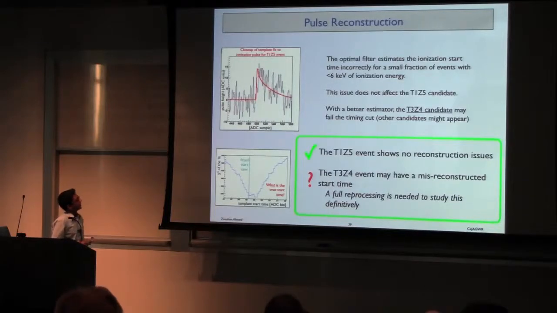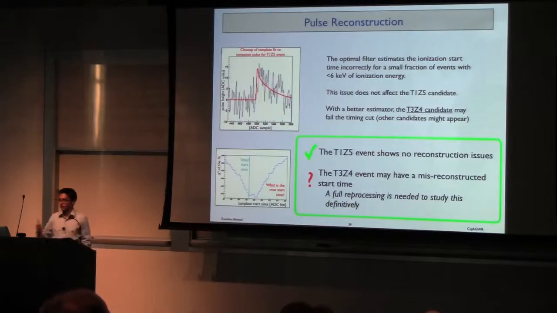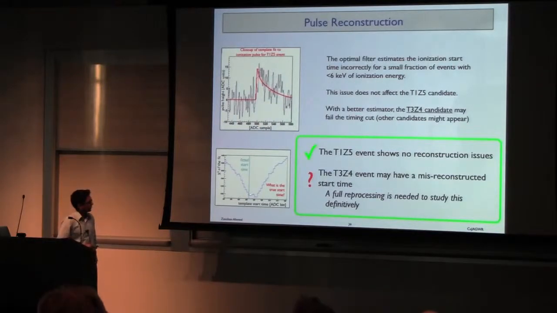So we looked at this closely, and it turned out that we realized that our optimal filter scheme has some problems with events that have ionization energy of less than 6 keV, and a small fraction of such events. What ends up happening is we actually employ an approximation in our chi-square fitting scheme where we don't actually look for the minimum chi-squared.